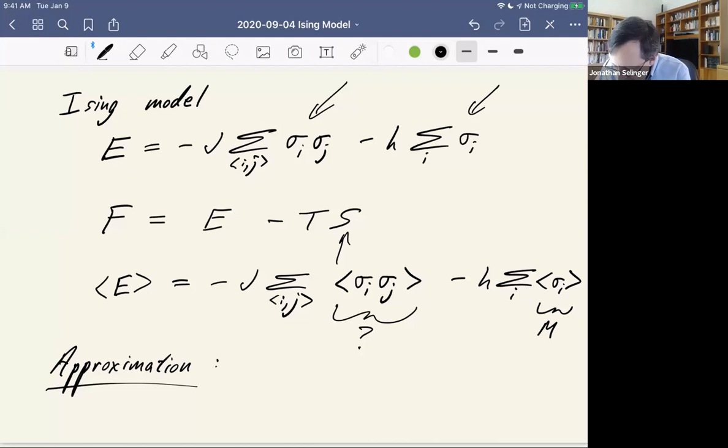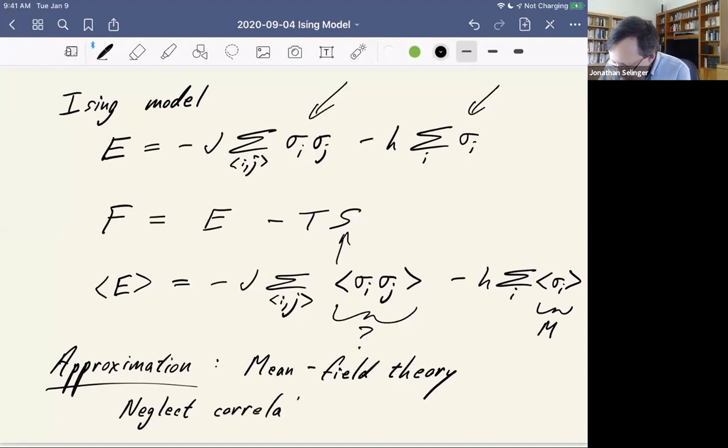It's an approximation called mean field theory. The basic notion here is that we will just neglect the correlations between spins.